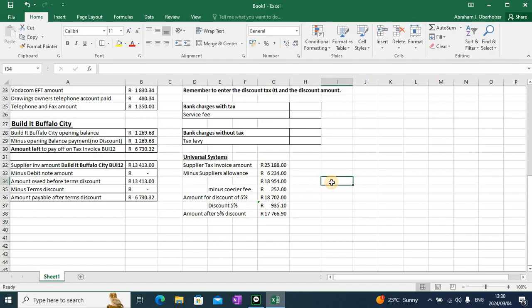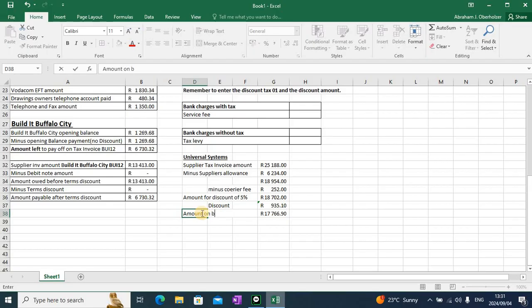Just going to check something. My discount is going to be the amount on the bank statement.